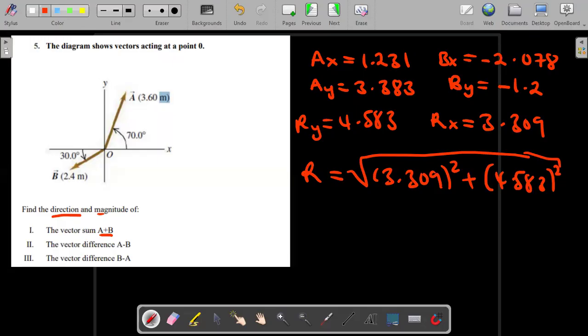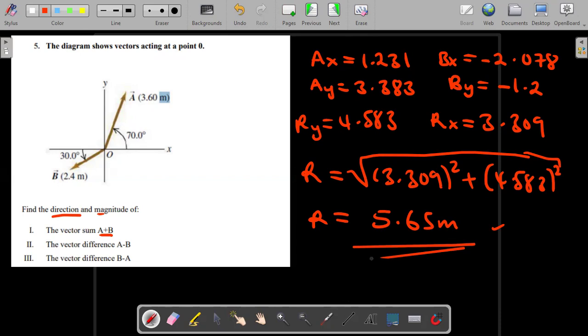That gives me R equal to 5.65, rounded off to two decimal places. So this is my resultant. I found my resultant.